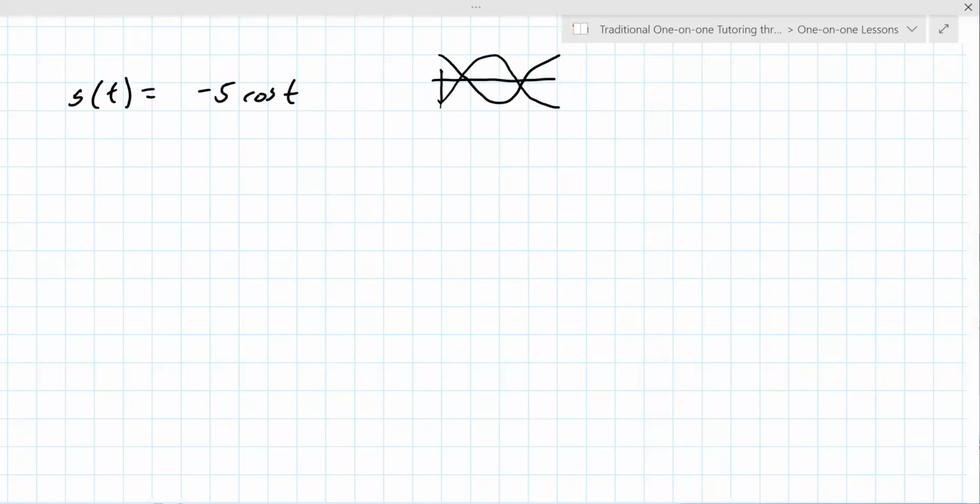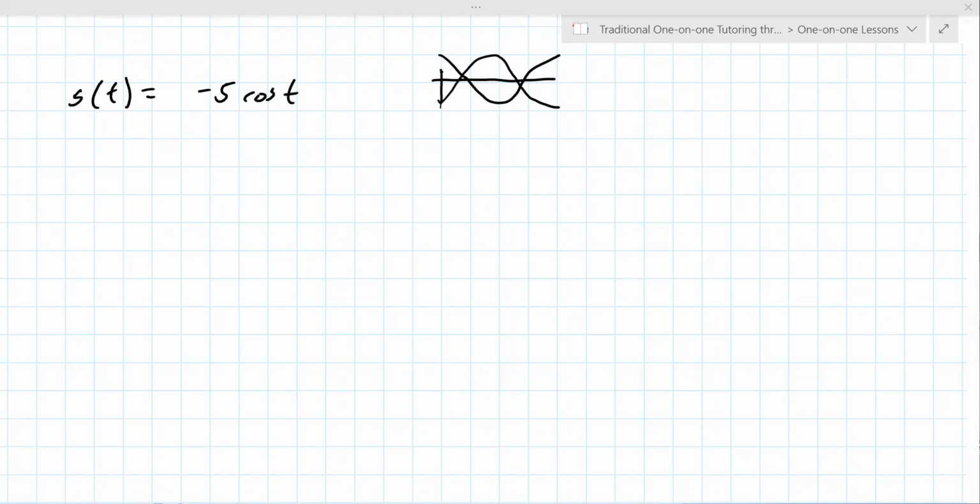So let me actually just do it in a nice form here and snip in the graph. Okay, so we're gonna just do it for one period.